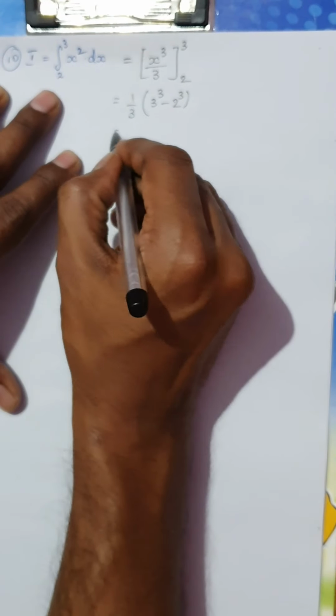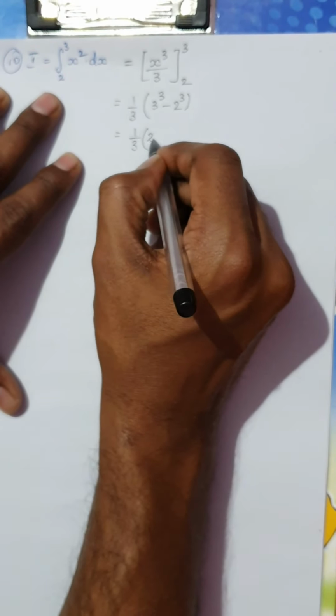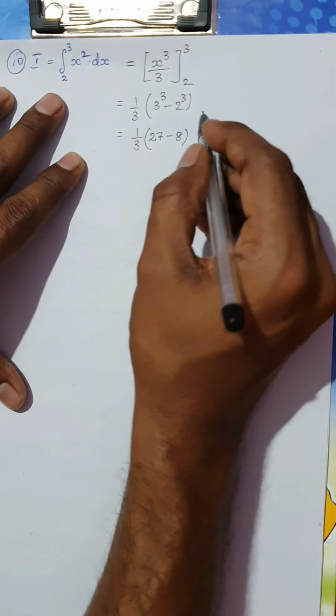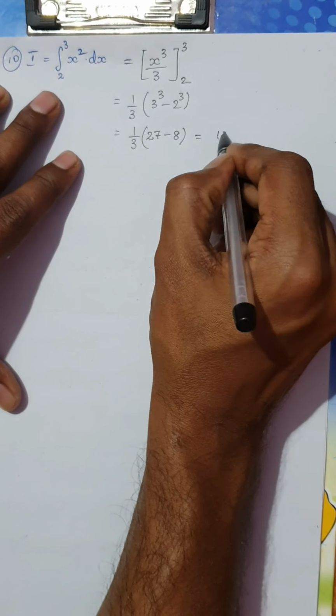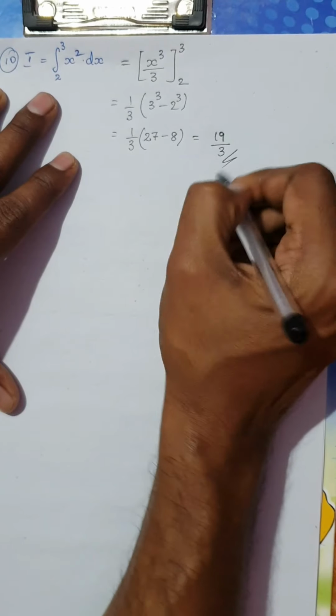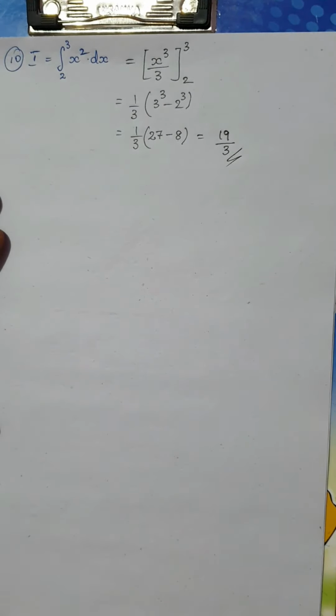So this is nothing but 1 by 3 into, what is 3 cube? We know 3 cube would be 27 minus 2 cube would be 8. So the final answer would be 27 minus 8 would be 19 divided by 3. Okay, so this would be the final answer, right?